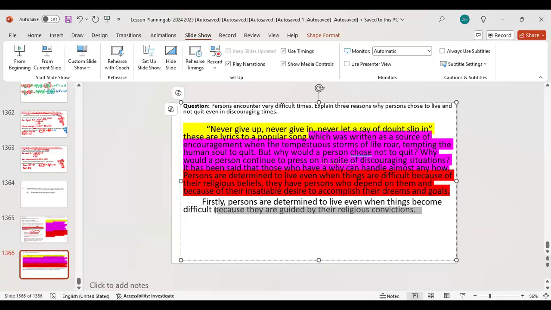Right? So this right here is what? Our topic sentence.